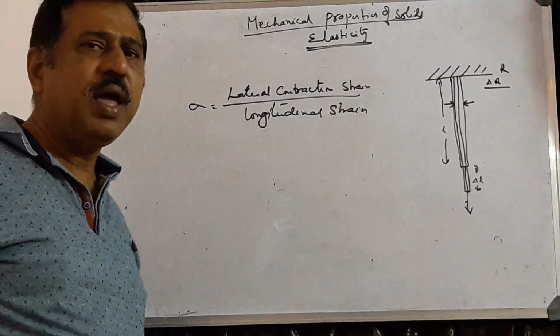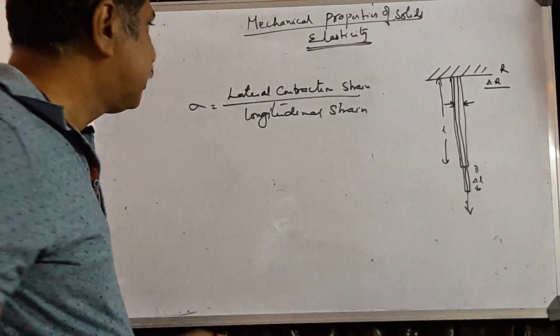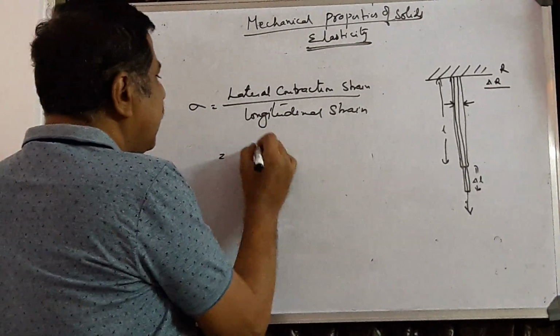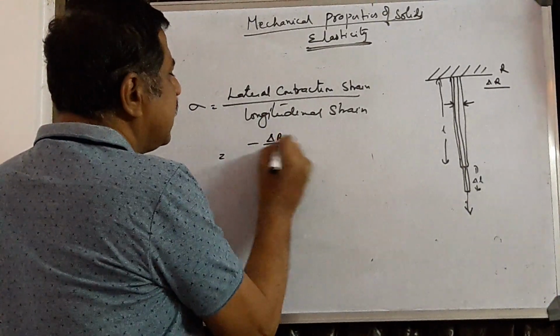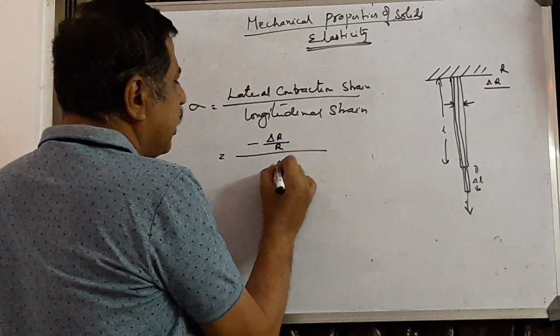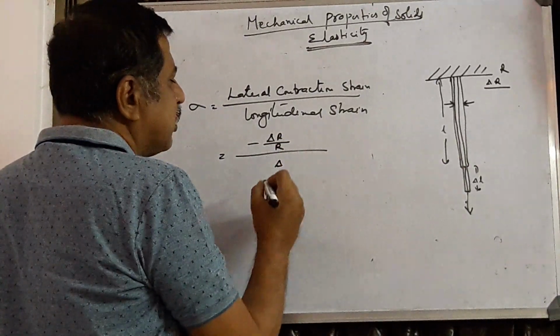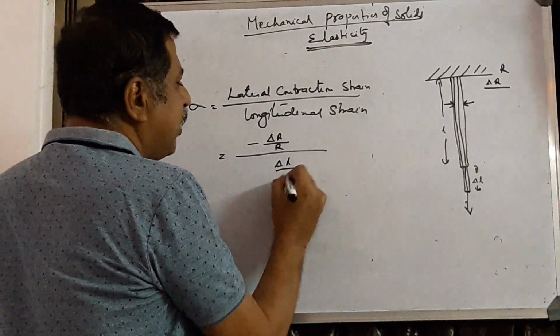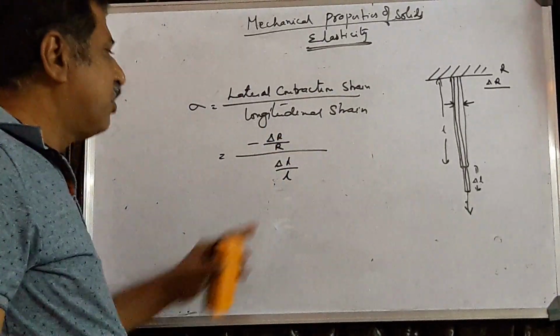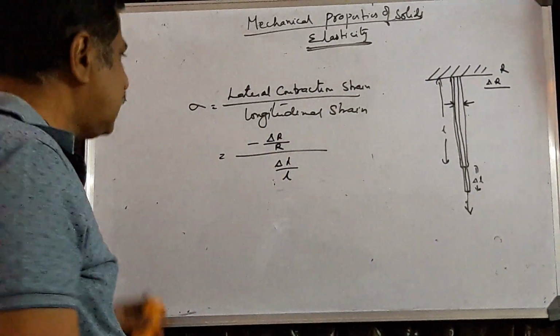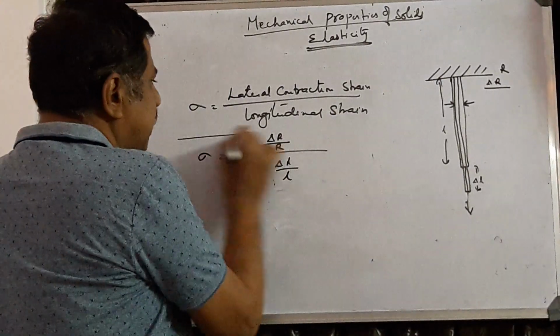It happens within the elastic limit. Now we write it as minus delta R, the decrease in the radius, by R, the original radius of the wire, divided by delta L by L, the increase in length by the original length. This is the Poisson's ratio.